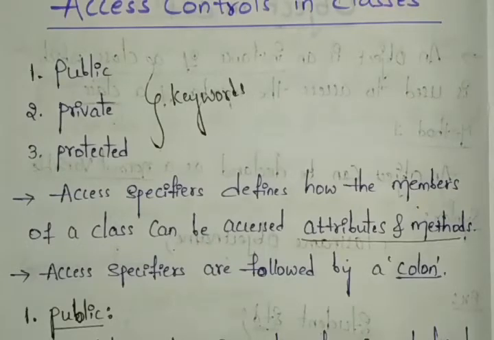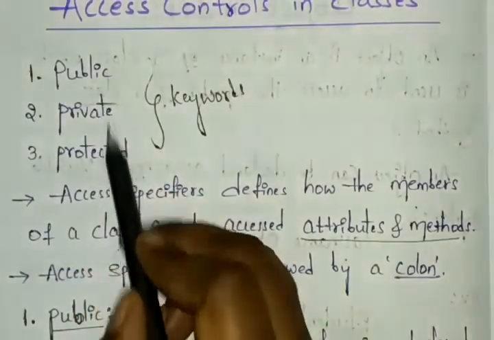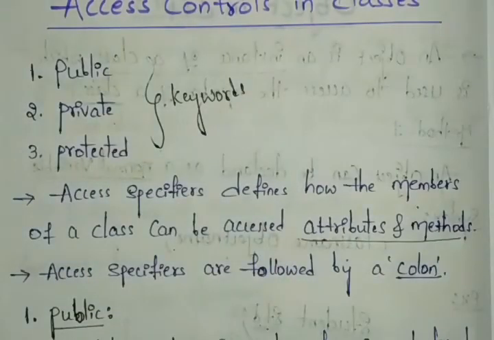Suppose you're writing a program. Not only one keyword can be used in one program. At the same time, these three keywords can also be used in our program. So in one program we can use one, two, or all three keywords. You can use public, private, and protected in one program, and that depends on our program.